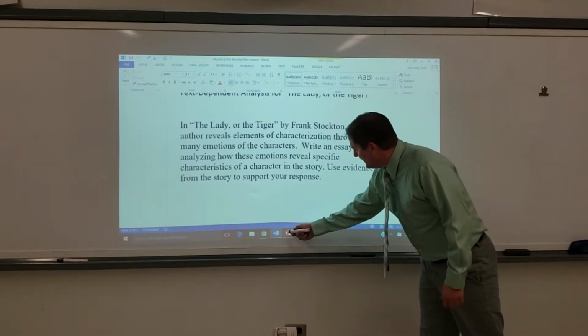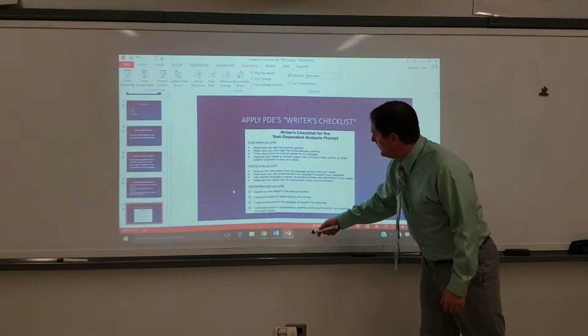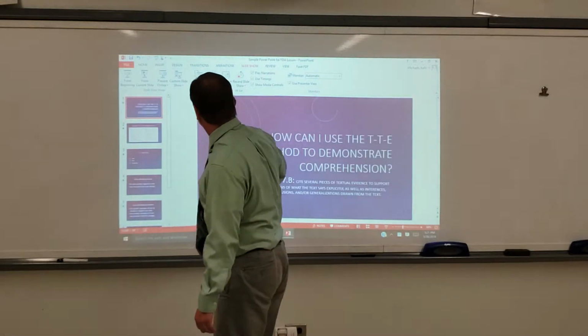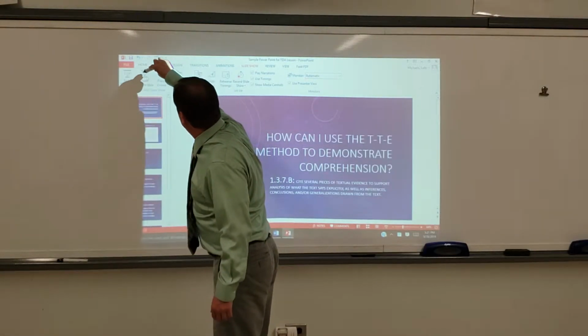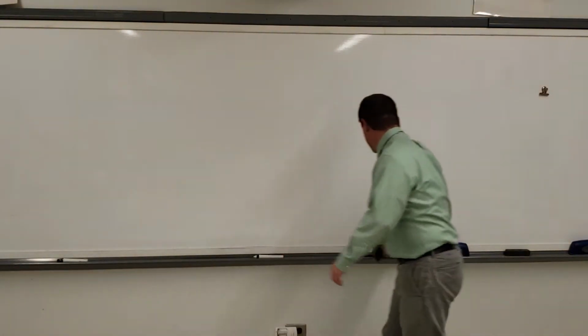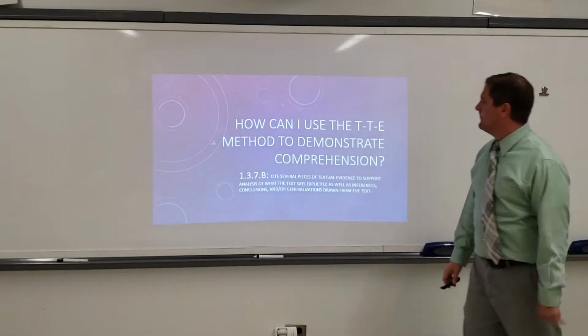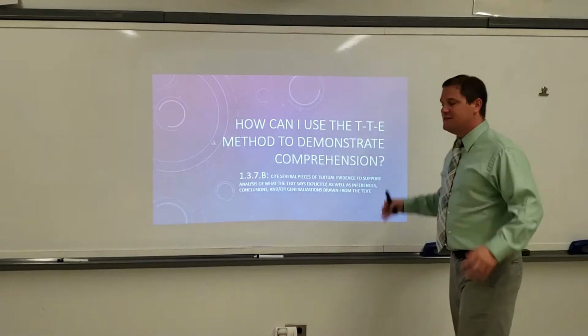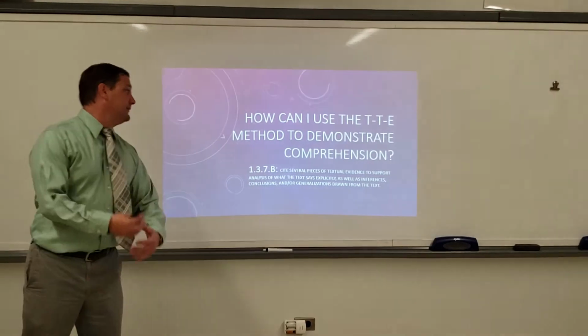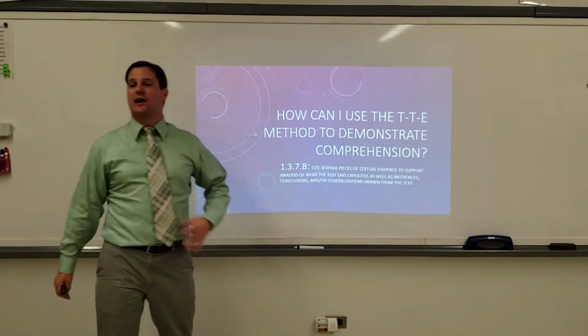So we're going to go to the PowerPoint at this point, and we are going to start back on slide 1, and we are going to look at this. We've utilized this multiple times throughout the year, and as the technology loads for us, just want to, again, take you back through. How can I use the TTE method to successfully respond to a TDA or demonstrate elements of comprehension?